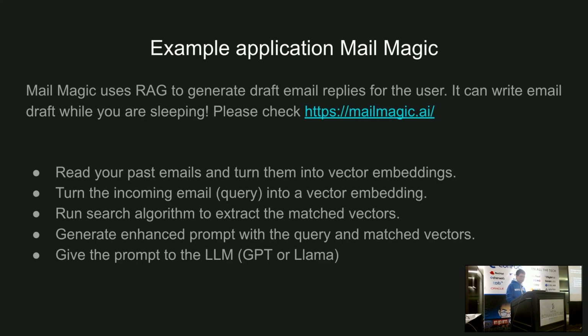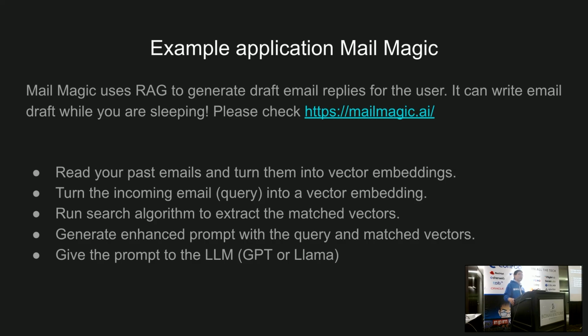So let's go over an application that we built using a RAG pipeline, especially early on, called Mail Magic. I can go over how we did it. Basically, whenever a user connects their inbox, we read their past emails, convert them into vector embeddings, and store them in our vector database.